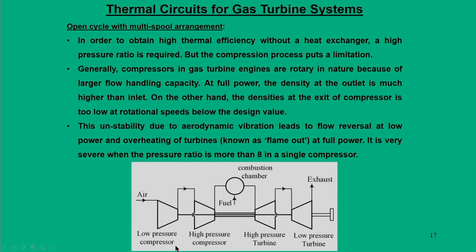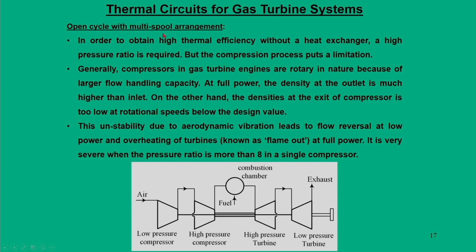That means the same high pressure compressor and turbine are there, with a single combustion chamber. But instead of going for a complex thermal circuit, if you want a simple thermal circuit, then you decouple the low pressure compressor and low pressure turbine and link them on one shaft, and the high pressure turbine and high pressure compressor are synchronized at their own speed.